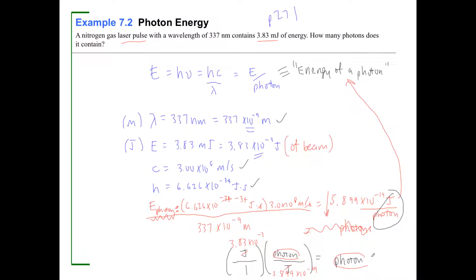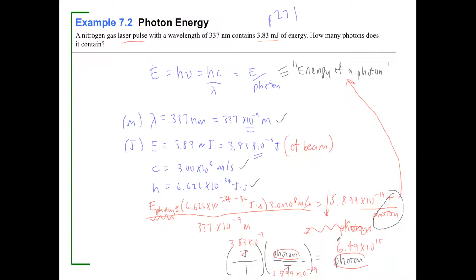I'm going to draw one more picture when I'm done here, in case somebody doesn't like the solution. 3.83 times 10 to the minus 3 divided by 5.899 times 10 to the minus 19, and I get 6.49 times 10 to the 15.